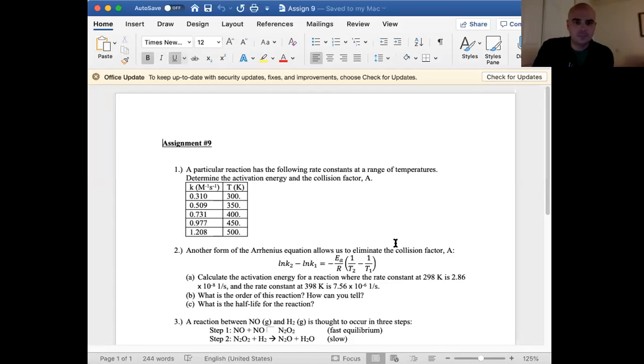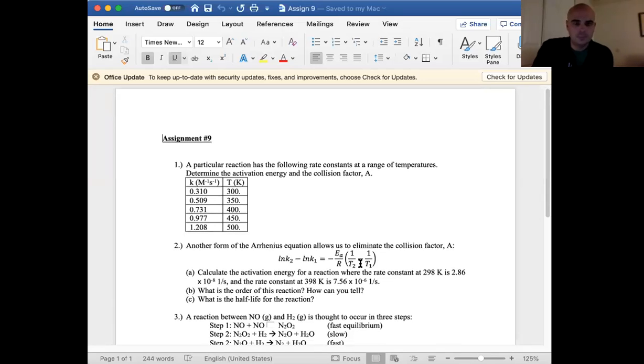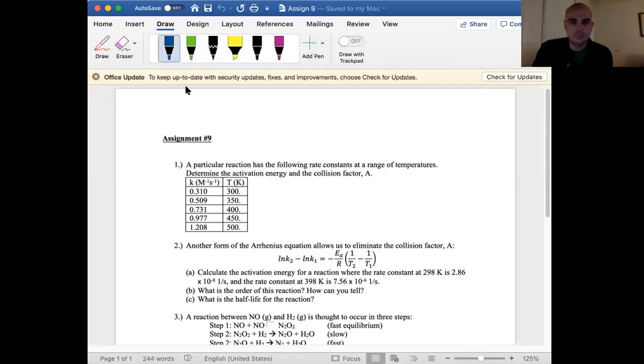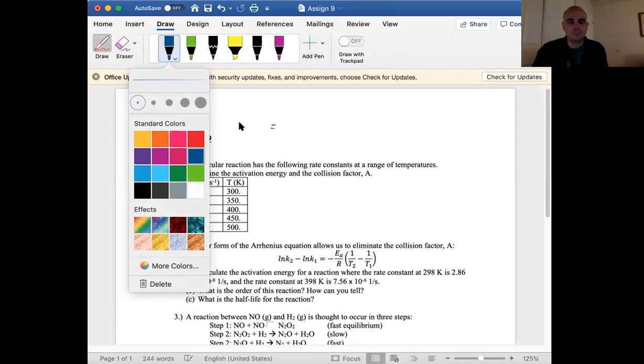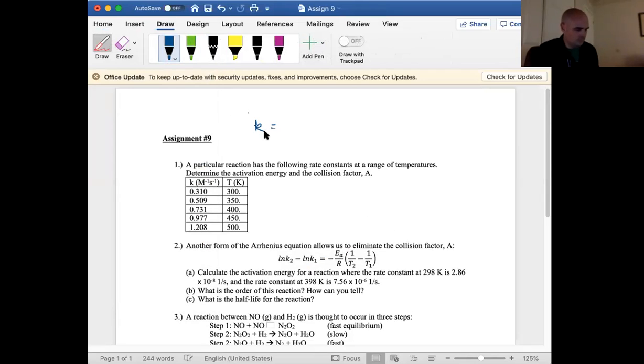Okay, so if we just look ahead really quick to problem 2, this is the version that we are referencing here, that we've said the Arrhenius equation is, with A on the other side. So we have k equals A e to the minus E sub A over RT.